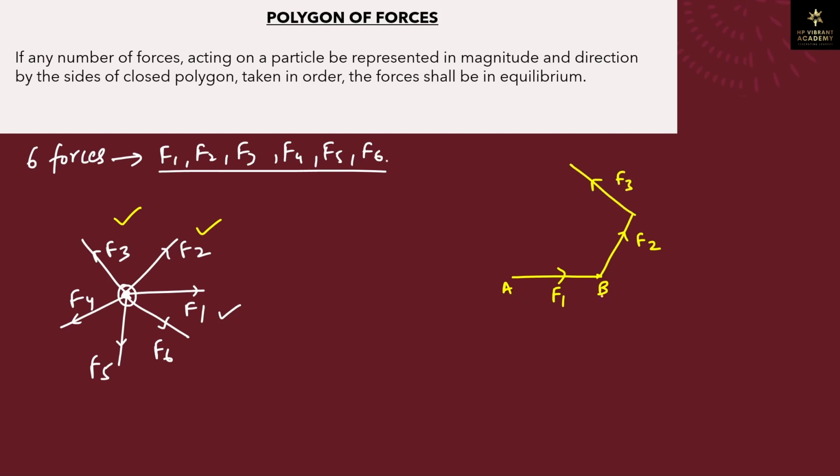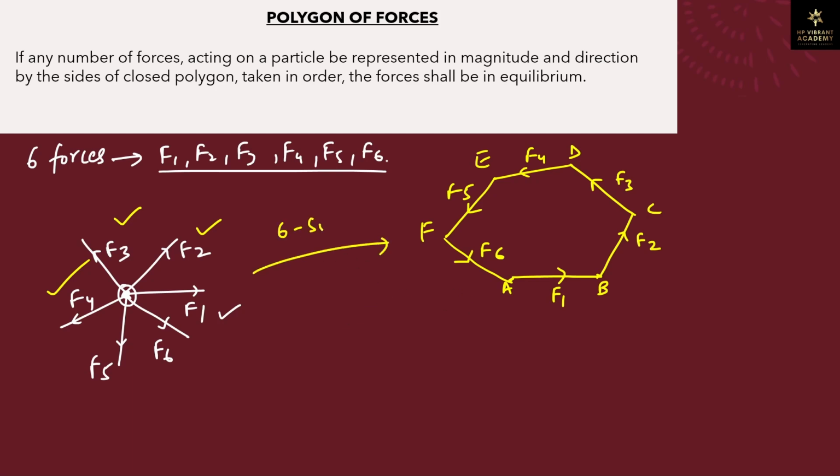Let us name this as C and this as D. Now we have F4, then F5, and then F6. So we have A, B, C, D, this is E, this is F. So this is six-sided. We have represented this set of forces in a six-sided closed polygon.